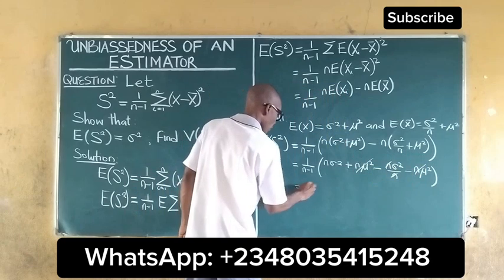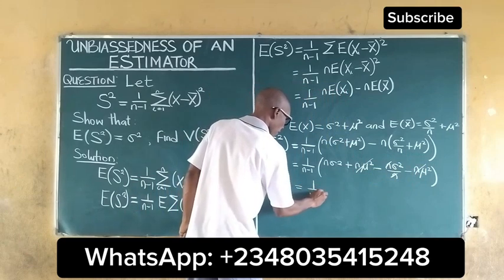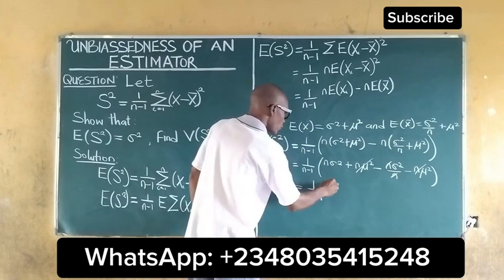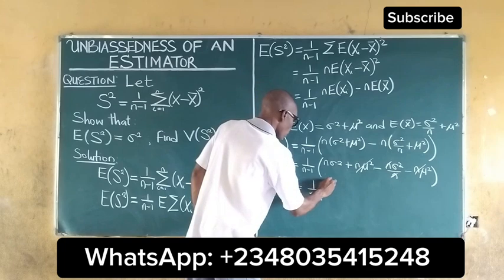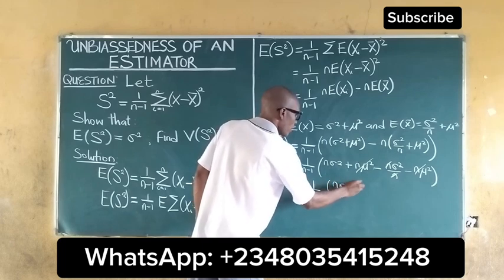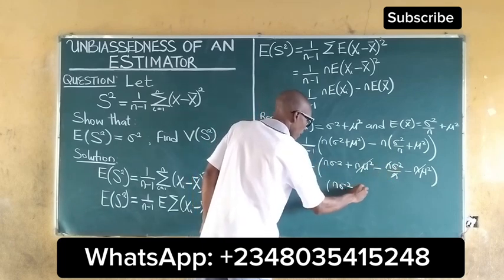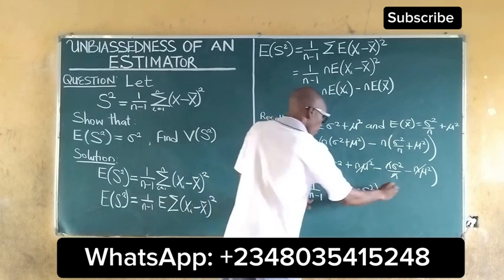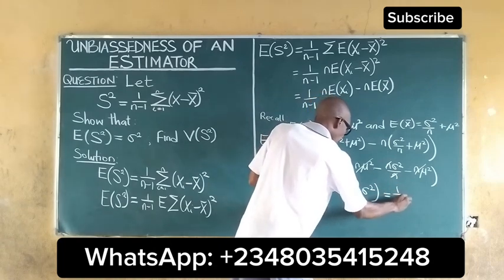So we are left with 1 all over n minus 1 into n sigma squared minus sigma squared, which is equal to 1 all over n minus 1.